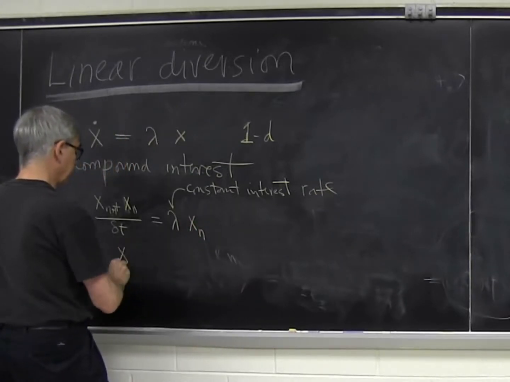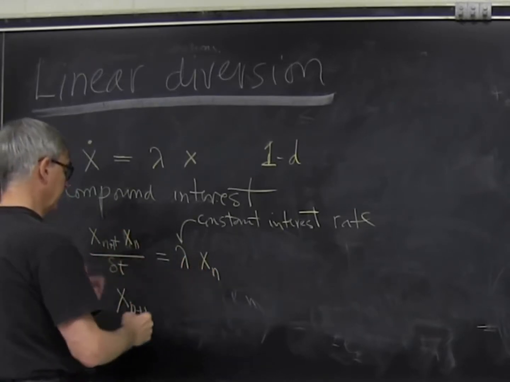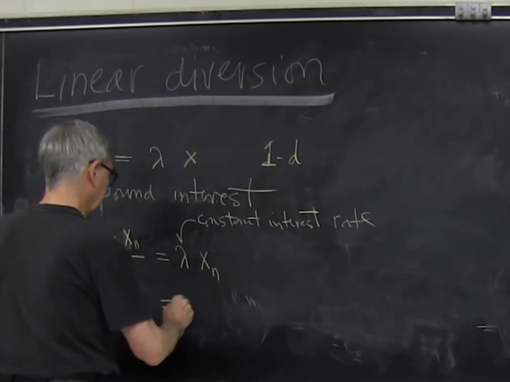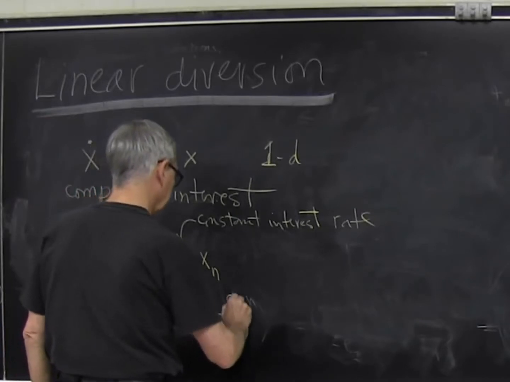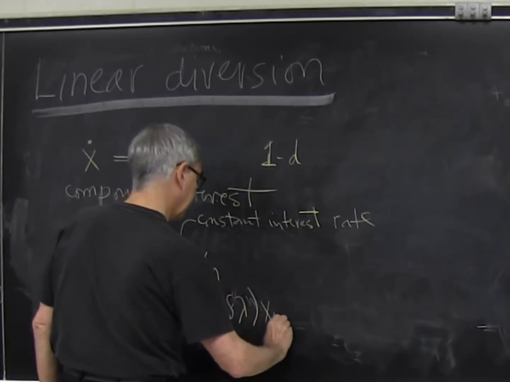And you rewrite this as x_{n+1}: you multiply by delta t, put it on this side, and that's (1 + delta t lambda) x_n.